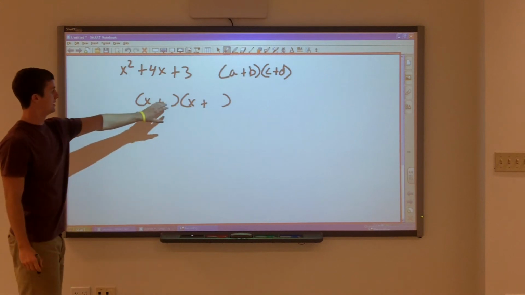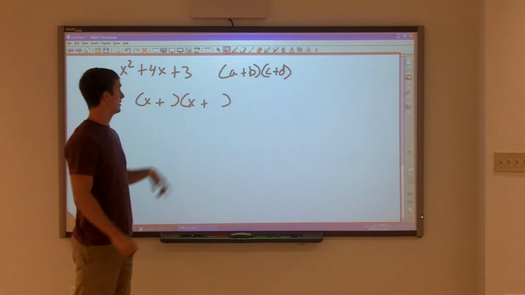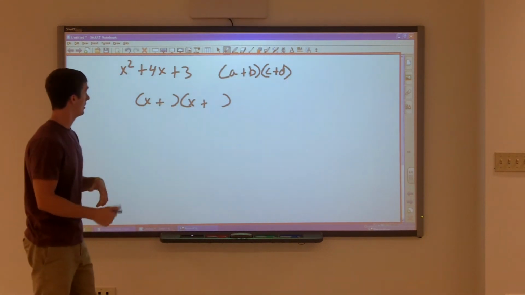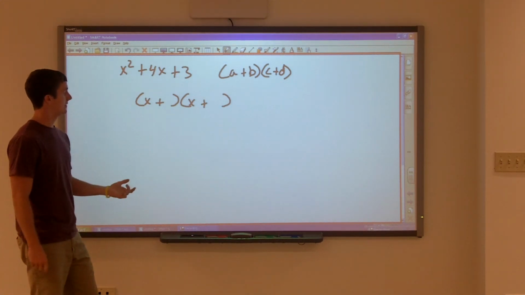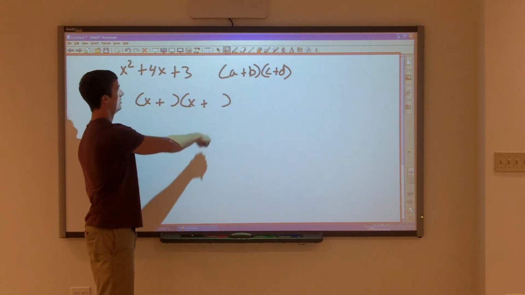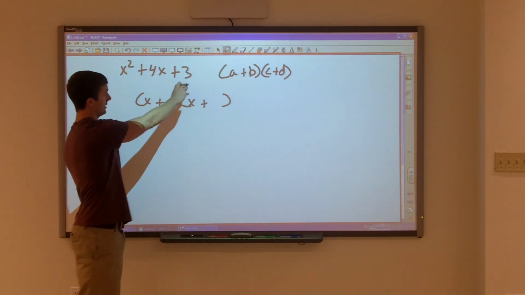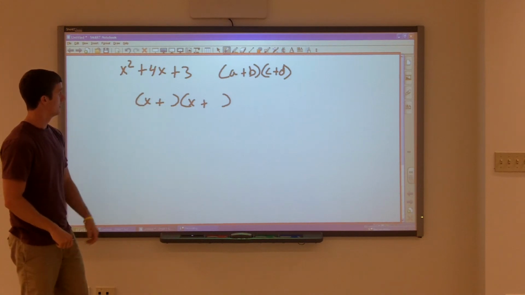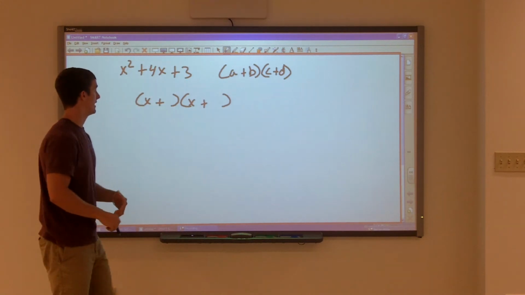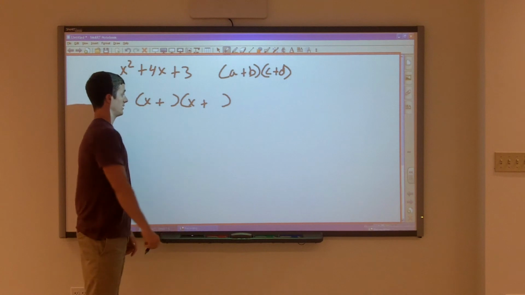Now, for the last two terms in each binomial, we're going to look for numbers such that when you multiply these two numbers together, we get a 3, and when we add them together, we get a 4. So we factor the 3 to see what we can multiply to get 3.